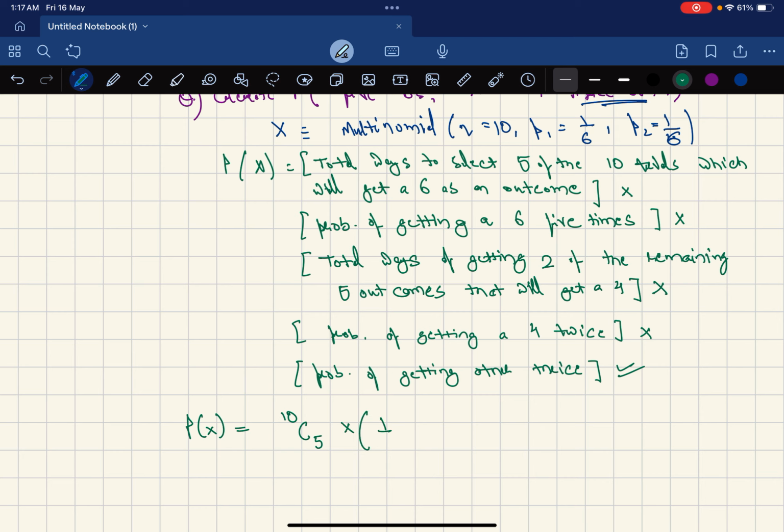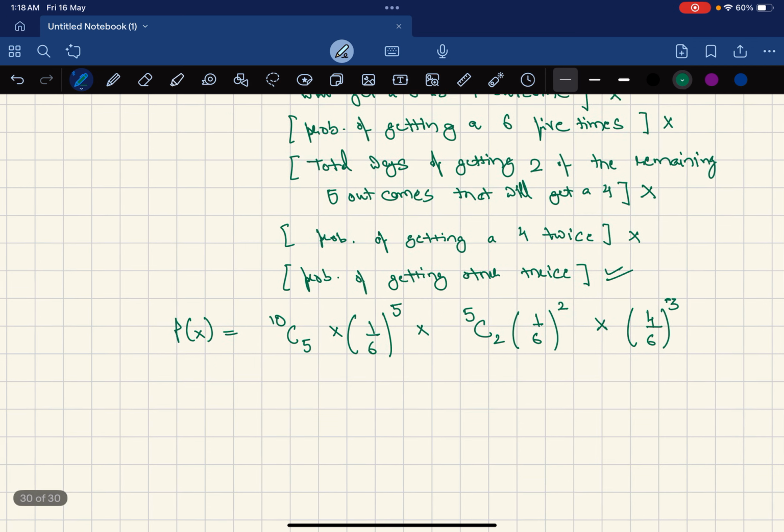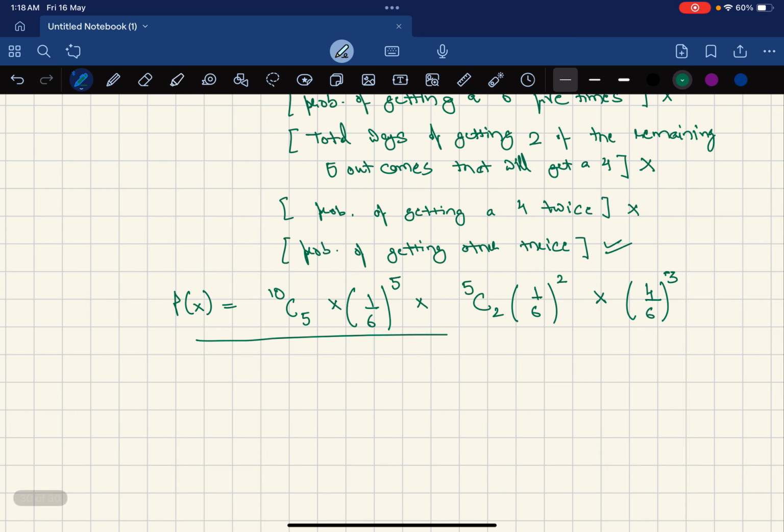We multiply this by 1 by 6 raised to power 5, since we are getting the digit 6 5 times, and the probability of getting the digit 6 is 1 by 6 for each trial. Therefore we are multiplying 1 by 6 5 times. Then we need to select 2 of the remaining 5 outcomes that get a 4, and once again the probability of getting a 4 is 1 by 6. Therefore we raise it to power 2, and then the probability of getting others was 4 by 6, and we are getting it thrice. So this is how we can calculate the probabilities for multinomial distribution.